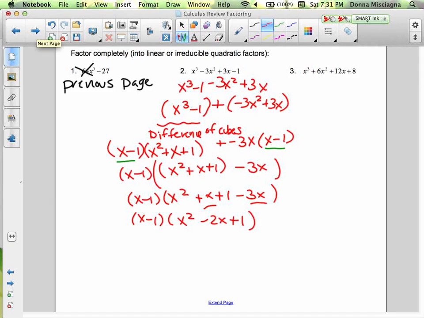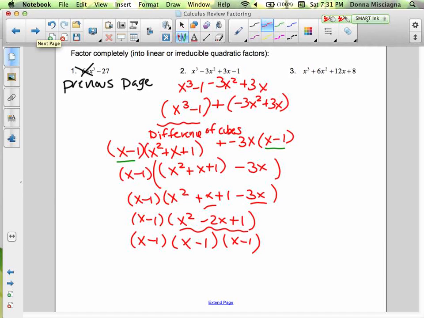And this can be factored. It multiplies to give us 1 and adds to give us negative 2. x minus 1 times x minus 1, am I not?